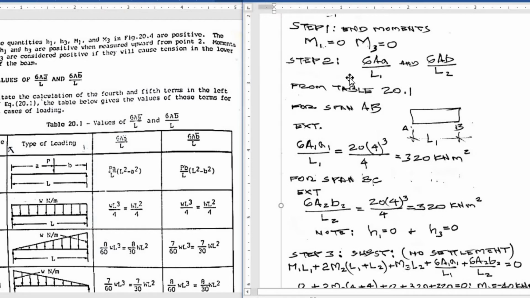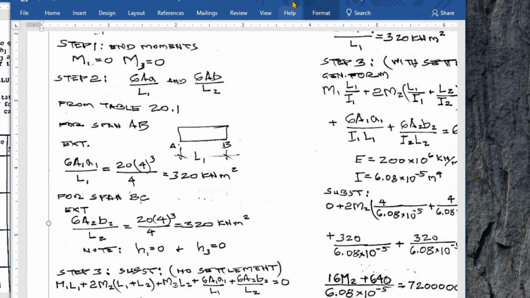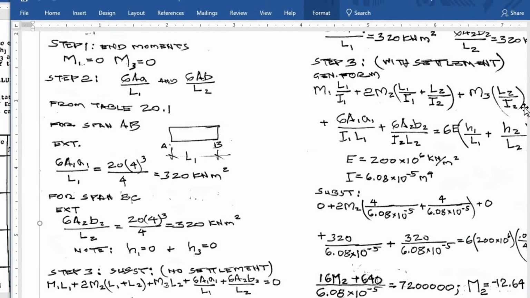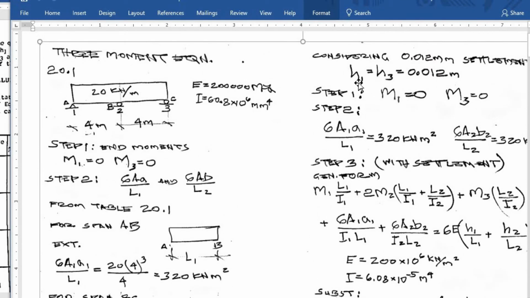And then, dito sa first approach, your displacement is 0. Pagdating dito sa next approach, ang displacement mo meron na. Ayan. H1 is equal to H3 is equal to 0.012 meter. Okay?